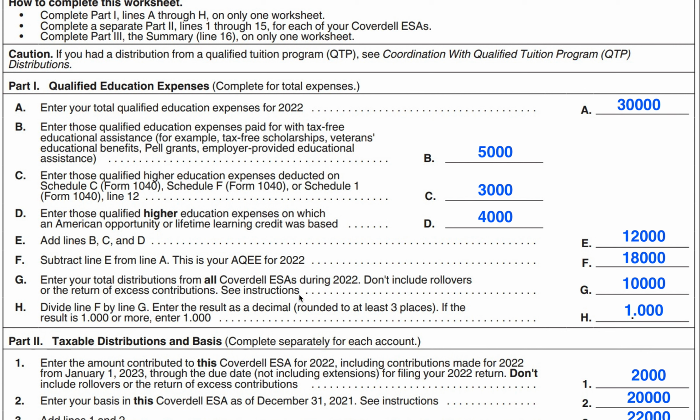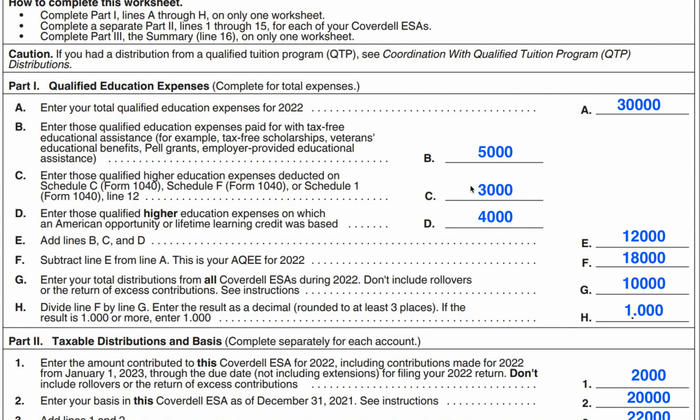So let's just say that we spent $30,000 on our only child's college costs for the year. However, we didn't pay all of that money out of pocket. He got $5,000 worth of educational benefits, like a tax-free scholarship.